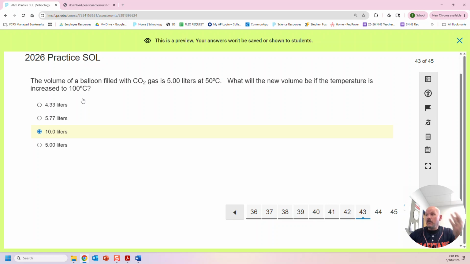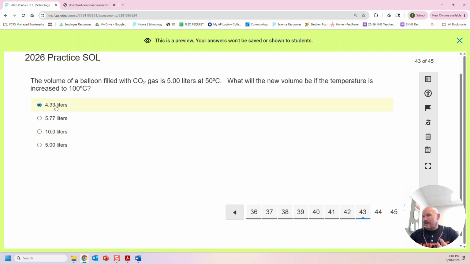And if you remember that volume and temperature have a direct relationship, if the temperature doubled, the volume would double. And that's true, but only if it doubled on the Kelvin scale, right? Doubling on the Celsius scale doesn't mean it doubled on the Kelvin scale. If it doubled on the Kelvin scale, then yeah, it would go from 5 to 10. It would double. But it didn't double. It just increased. So it's going to be greater than 5.